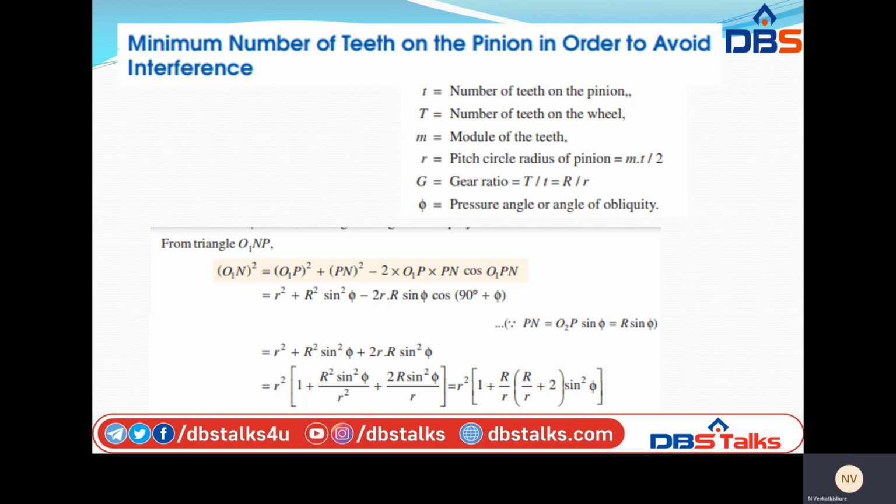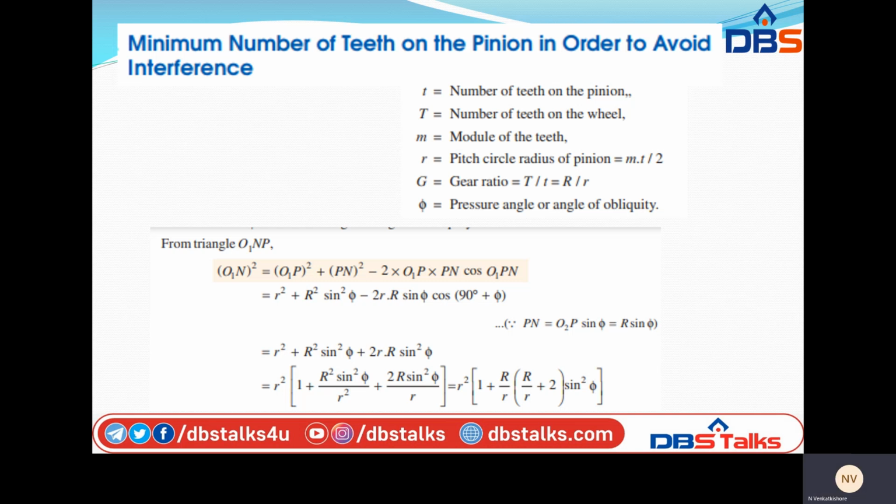By commonly taking small r square outside, r square into 1 plus capital R square by small r square into sine square phi plus 2 capital R sine square phi by small r.